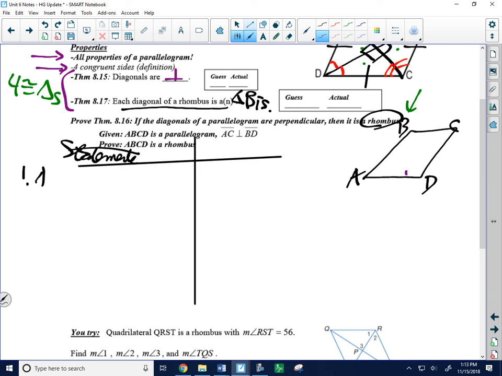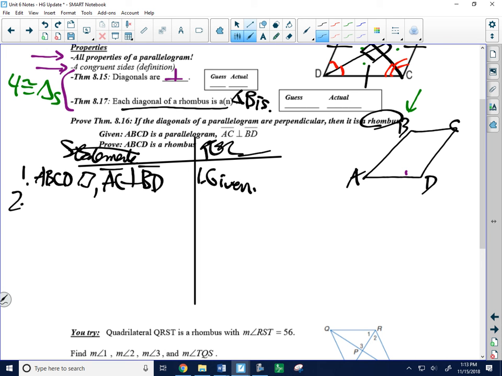Okay, so setting it up here. Provided ABCD is a parallelogram, and the diagonals AC and BD are perpendicular. Let me draw in the diagonals.